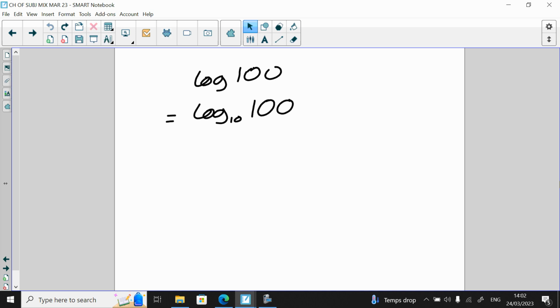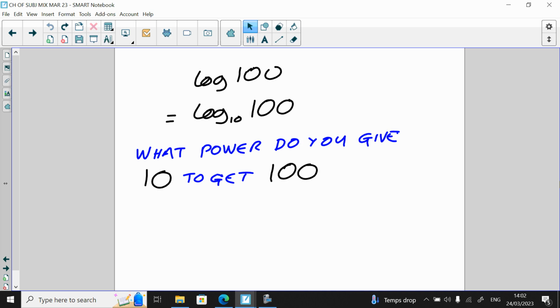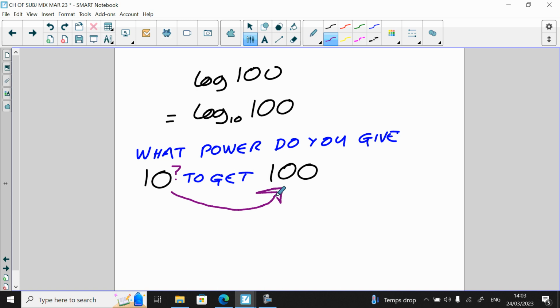What this actually means is, what power do you give 10 to get 100? Right, so what power do you put up there? That's what they're saying here. Can you fathom out what power? 10 to the power of what gives you 100?